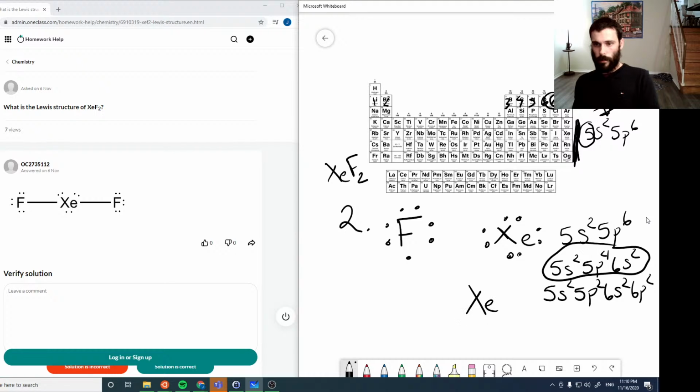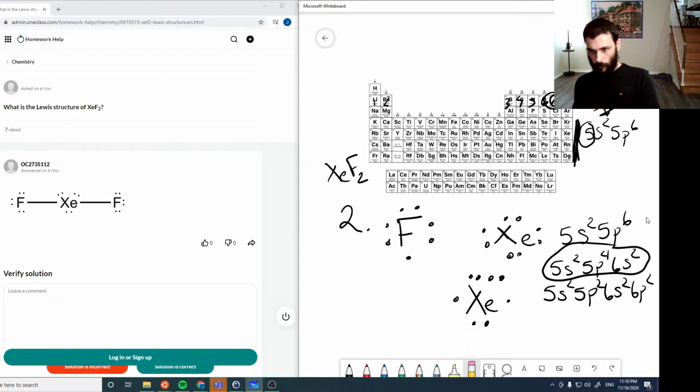And so the Lewis structure for that would be something like this, where for our fluorine here, we can see we have 1 electron for bonding, and for xenon we now have 2 electrons for bonding, so we can form our 2 bonds.